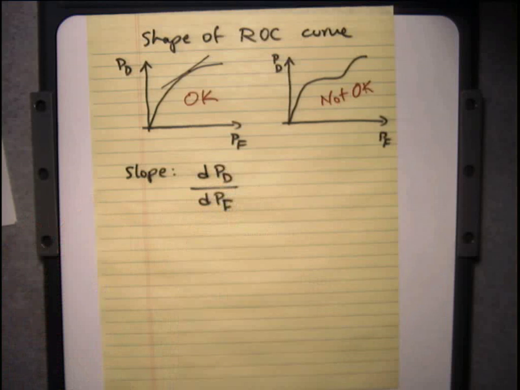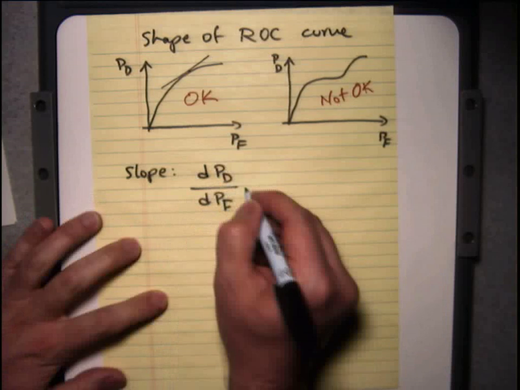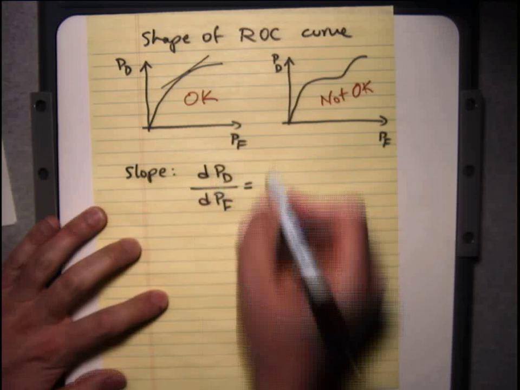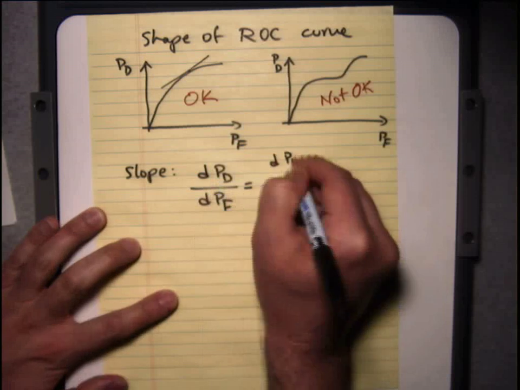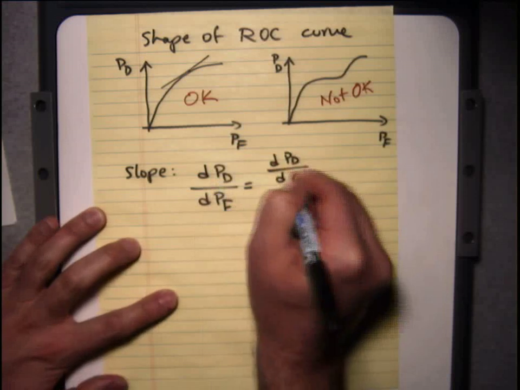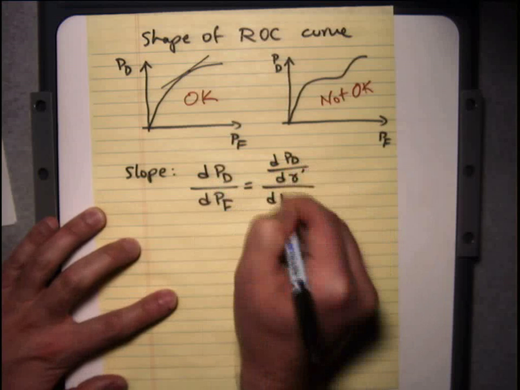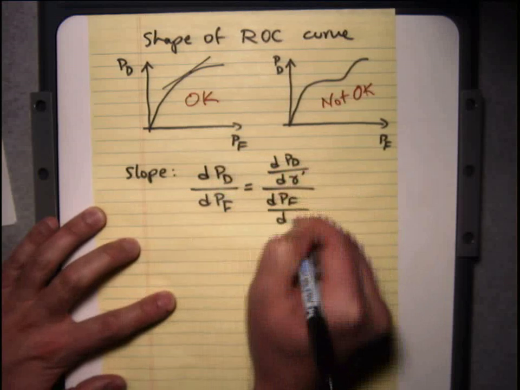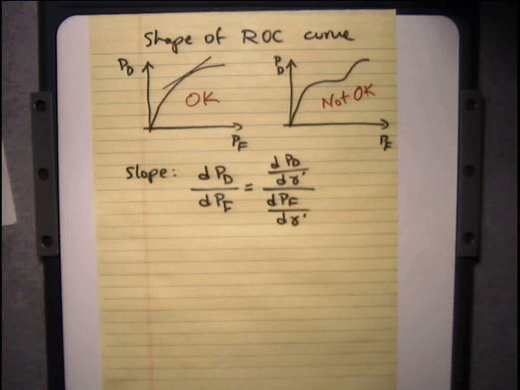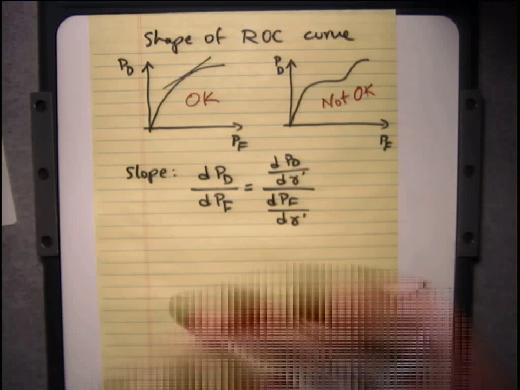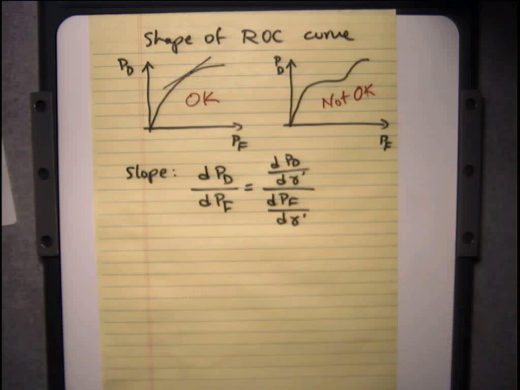It's just the derivative. Now I can write this as dPD/dγ' over dPF/dγ', and this dγ' basically cancels out, essentially.